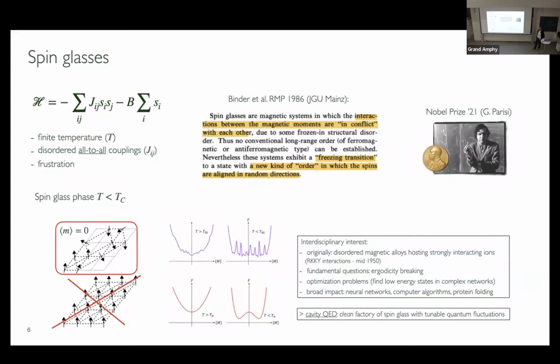However, the point is that now I'm going to show you a cavity QED platform where you can very cleanly simulate the dynamics of spin glasses. And you do that without the imperfection and disorder of solid state. You do it with a level of control that is the typical narrative of cold atoms, but perhaps most importantly, you're going to do that tuning the size of the spin.